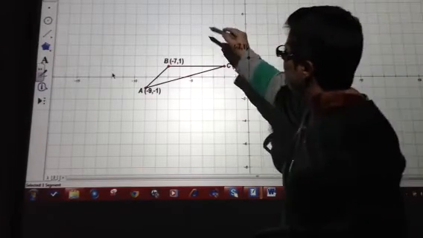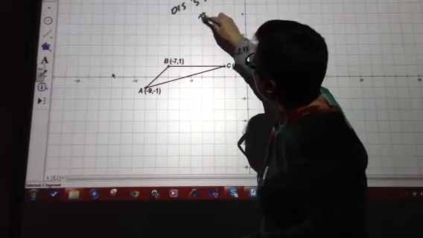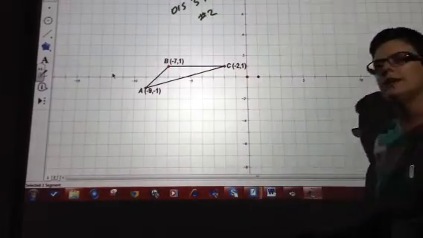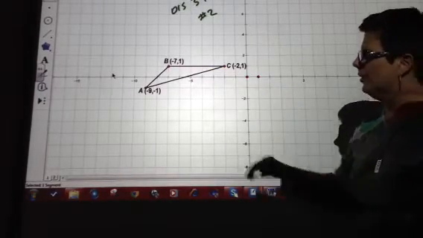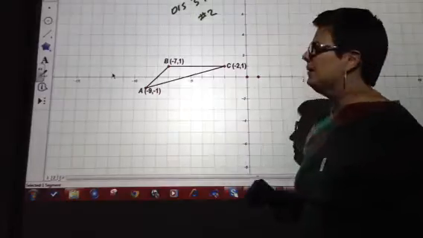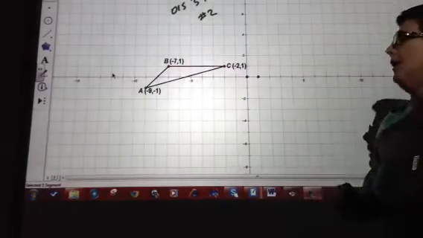So for problem 2 on OAS 39, you are asked to find the circumcenter of this triangle. Triangle with coordinates -9, -1, -7, 1, and -2, 1.